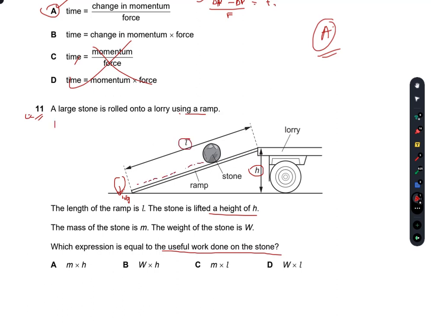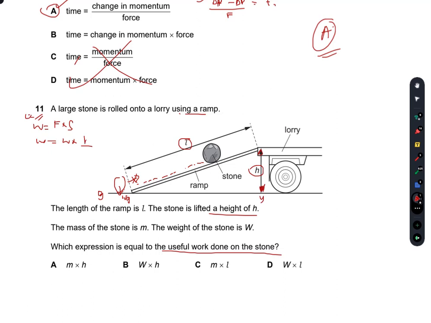Now some of you might directly calculate work is equal to Fs, and take the weight as the force acting in this direction, but it is not. Weight always acts downwards, so the work would be equal to weight into something here, and this something would be the height. If weight is acting on the y-axis, then definitely the increase in height would be the vertical distance, and this is also on the y-axis, so both are on the y-axis.